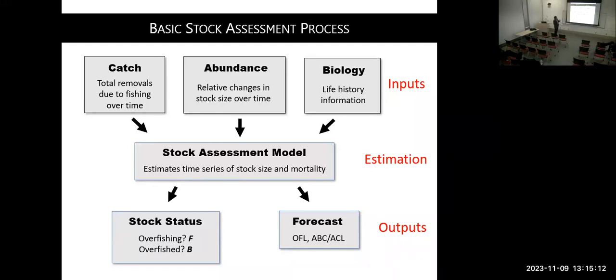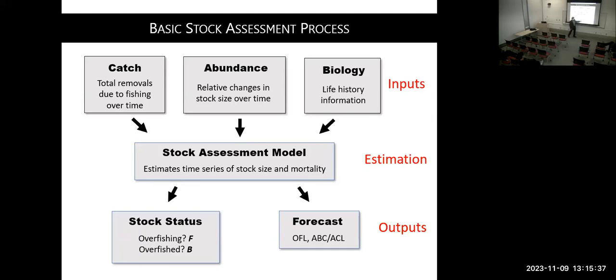So the stock assessment process usually includes three parts. You have all the data, we call it input data, and you have a model. You feed the data to the model. Once you have a model fitted, you decide your stock status, and with that you make a forecast.